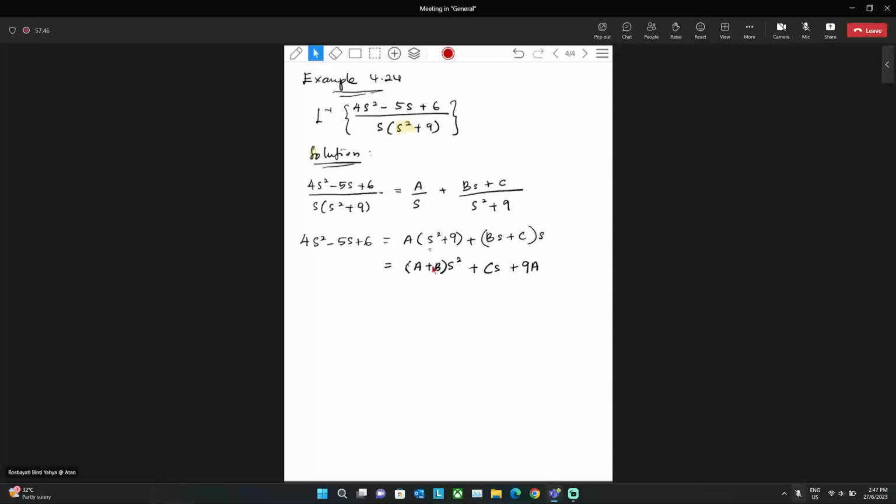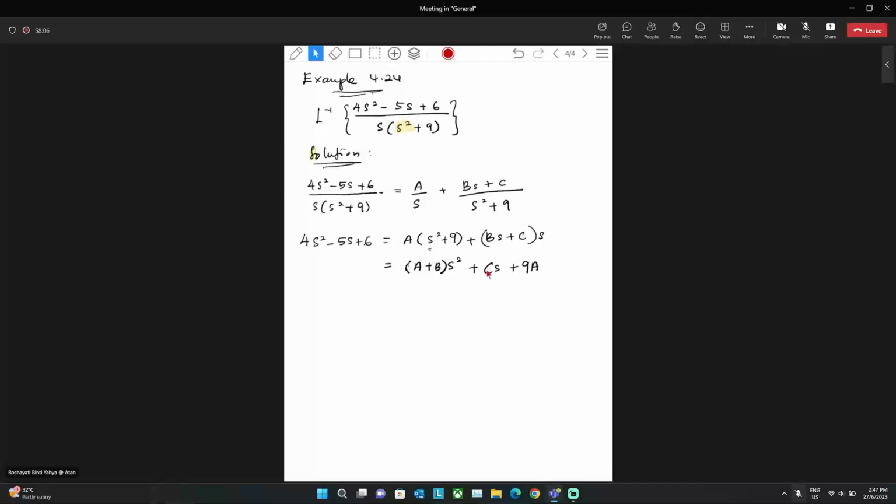Compared to A plus B, if you want to find based on s squared, you need to know at least one of A or B. But in this case for s, you can use the equating coefficient method.